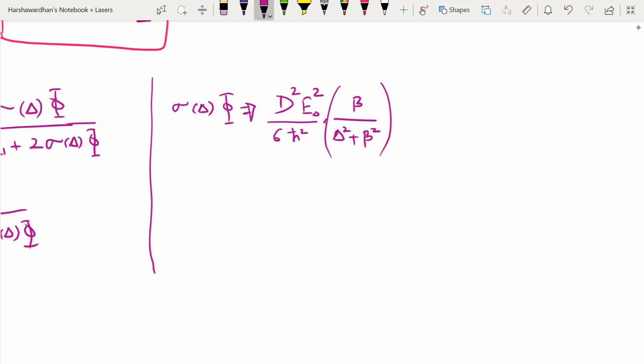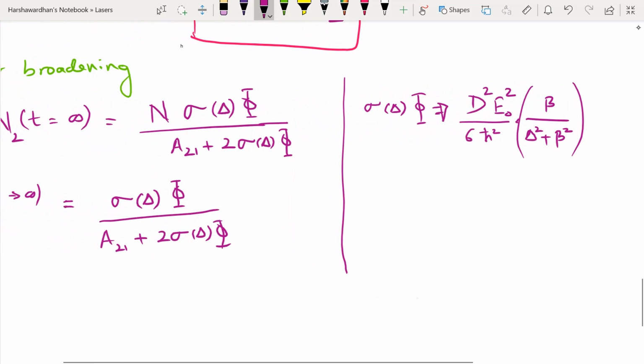That forms the prefactor, and this is the explicit dependence on the frequency difference.